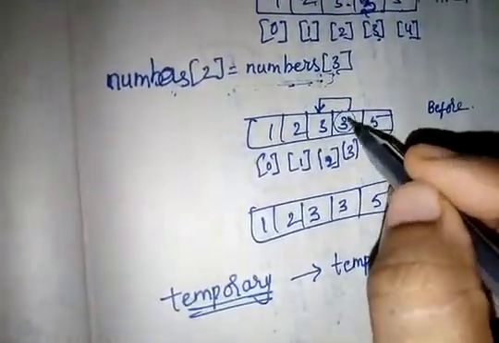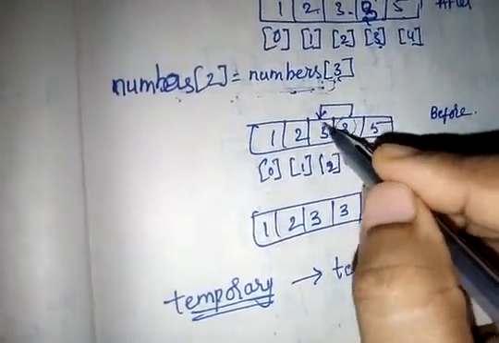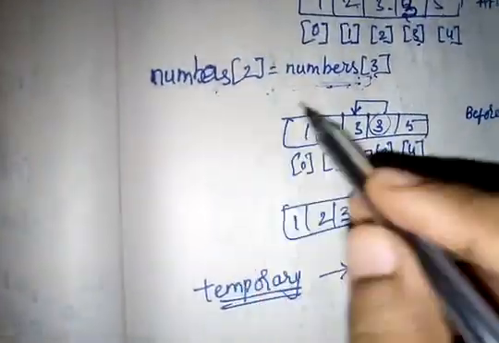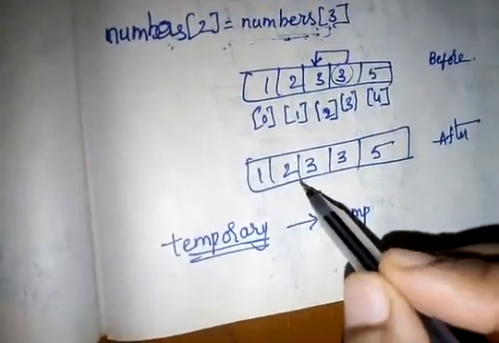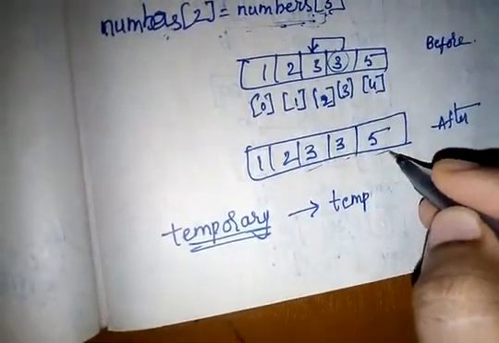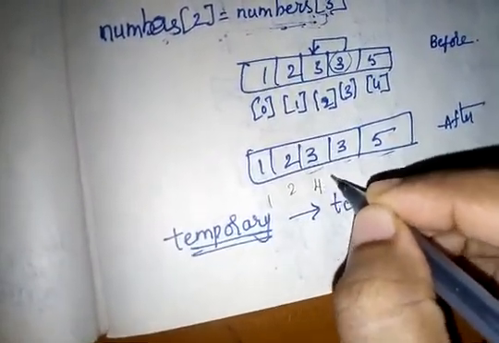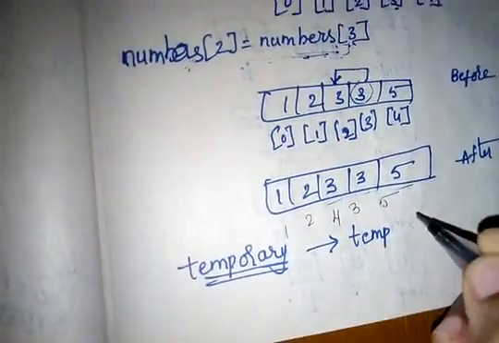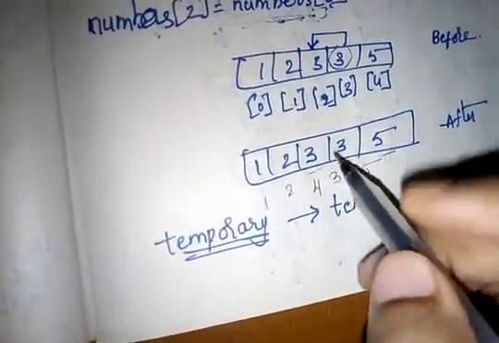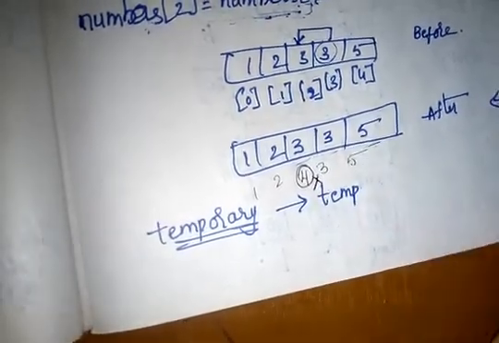The element at index 3 is 3, so that is assigned to index 2 again. So finally, after execution of this statement, our overall output is 1 2 3 3 5, but the actual output we need is 1 2 4 3 5. If you observe, we have lost the value 4 from the array.